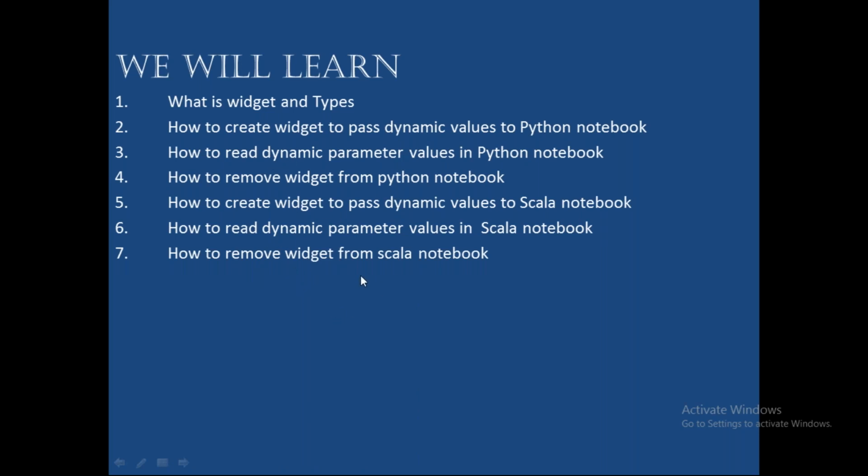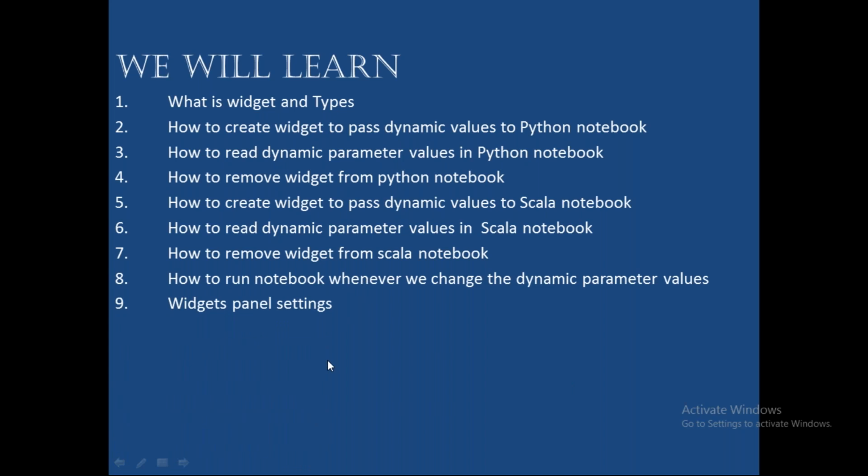What happens is we will have some kind of widget settings. This widget panel setting has three options. One option is that whenever you change a parameter value, none of the cells in the notebook will execute. That is the first option.